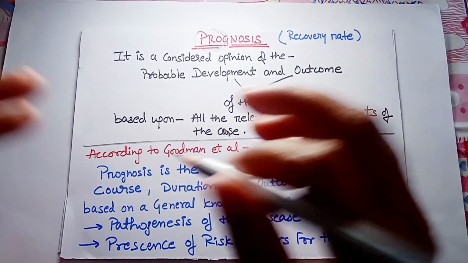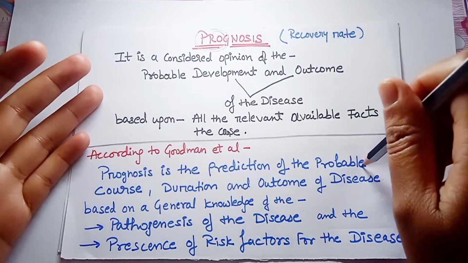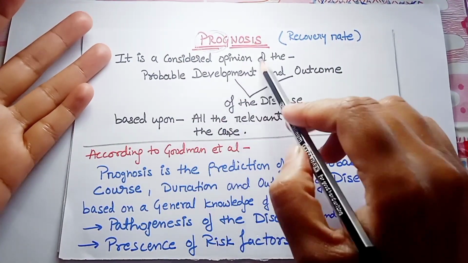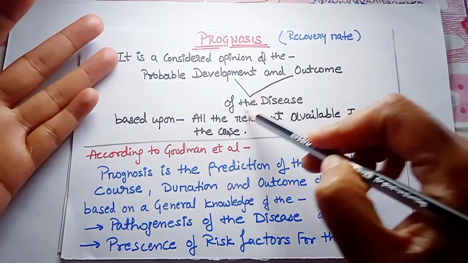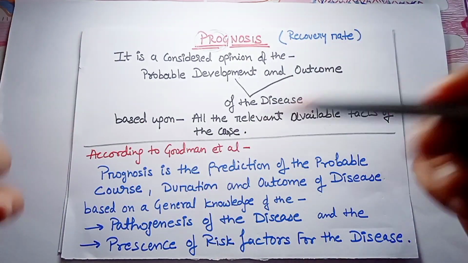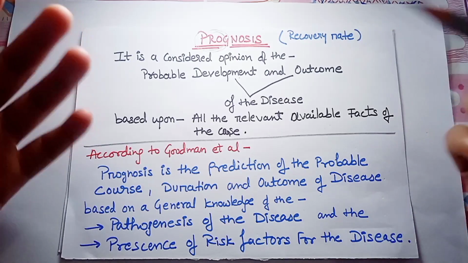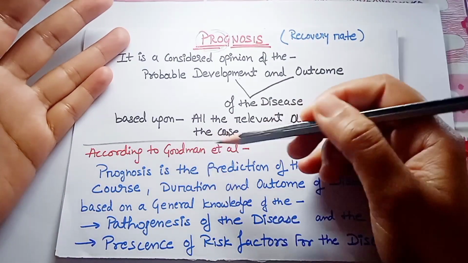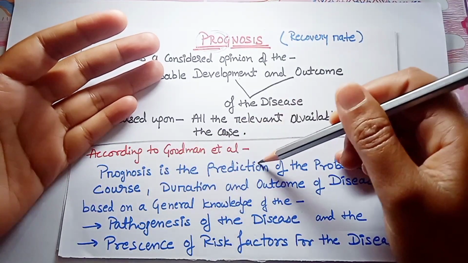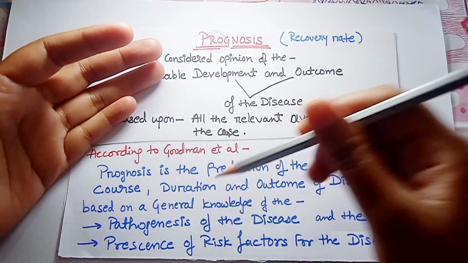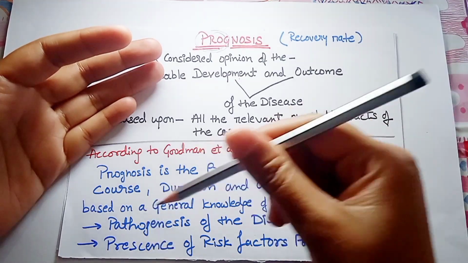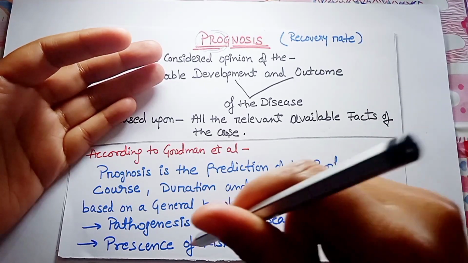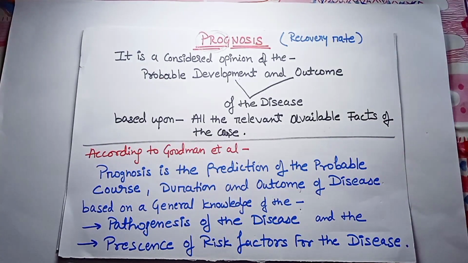It is considered opinion of the probable development and outcome of the disease based upon all the relevant available facts of the case. Also, if you want to define prognosis, according to Goodman et al., prognosis is the prediction of the probable course, duration, and outcome of disease based on general knowledge of the pathogenesis of the disease and the presence of risk factors for the disease.